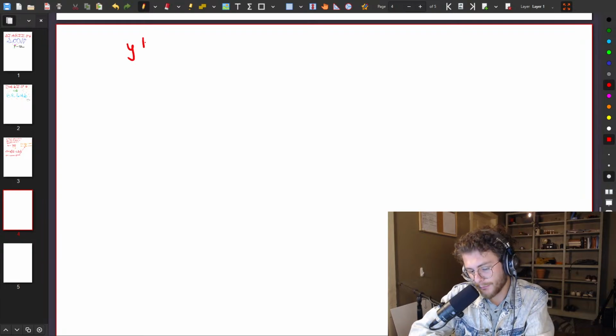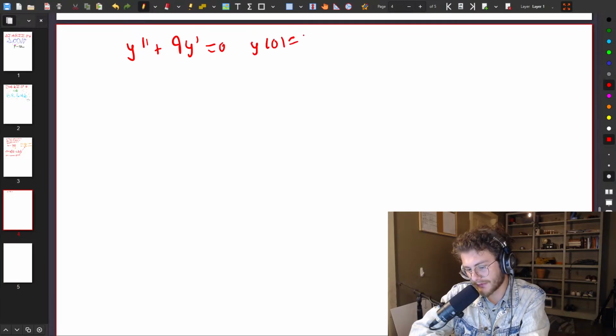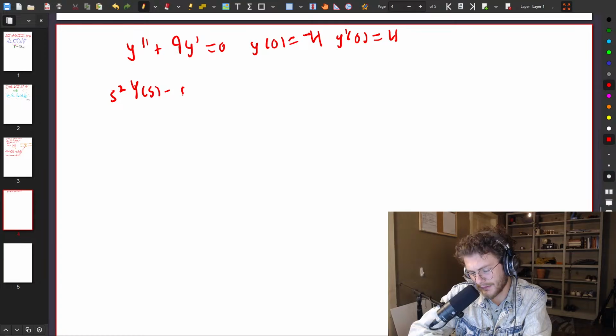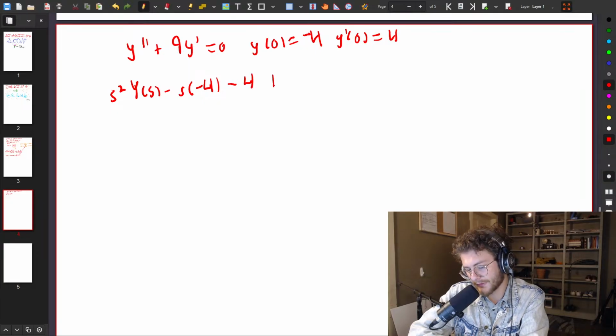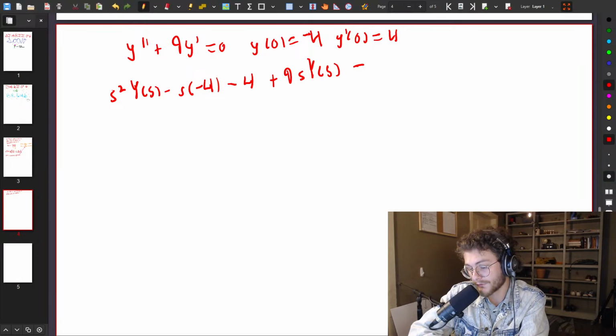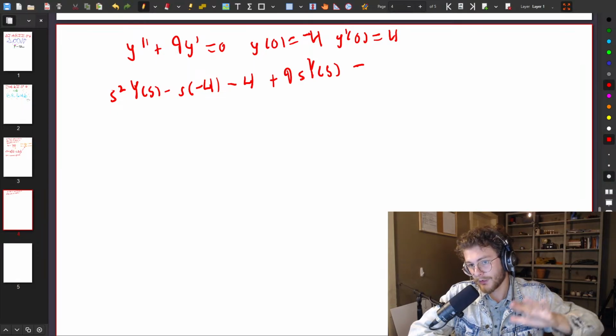So it's y double prime plus 9y prime equals 0, where y of 0 equals negative 4, and y prime of 0 equals 4. So, ladies and gentlemen, we've got y double prime, which is s squared y of s minus s times negative 4, which is the y of 0, minus 4, plus 9s y of s, and we're just going to distribute that 9, minus 9 times y of 0, which is negative 4, so that's 9 times 4 is 36.